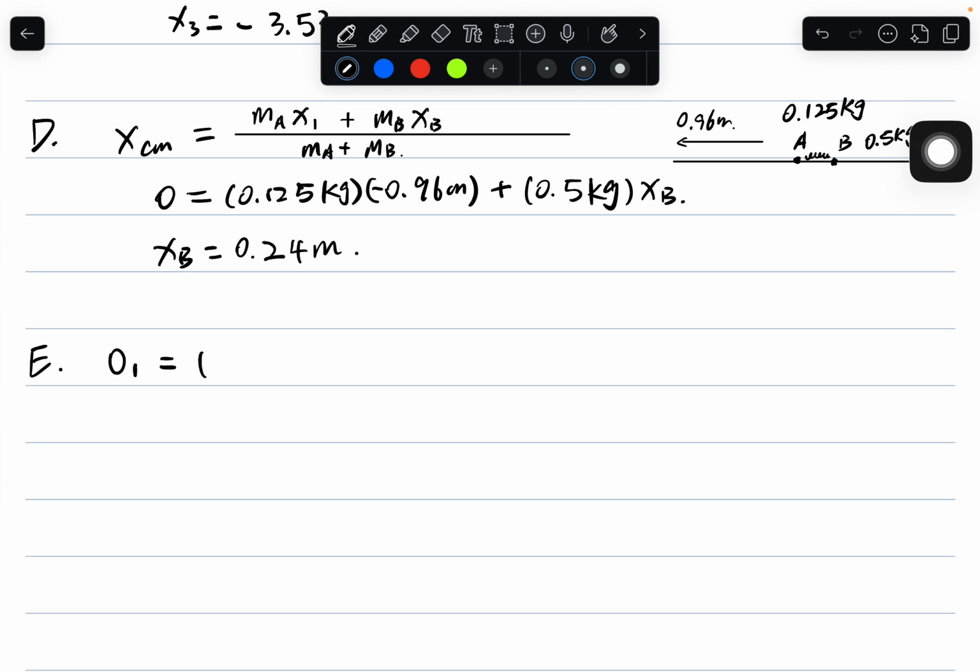The coordinate of it is negative L, 0, and object B is L, 0, and object C equals 0, L. Let me double check. Yes, so these are the initial positions.